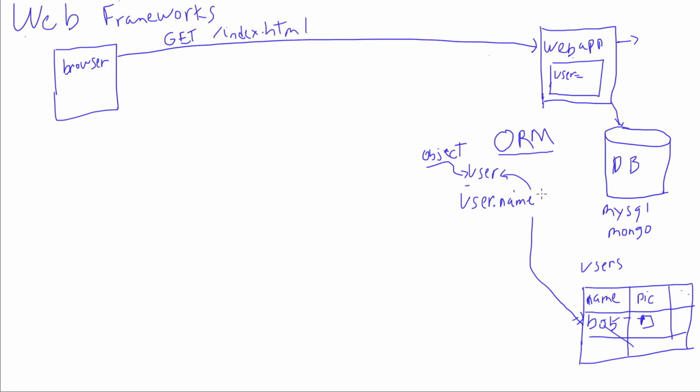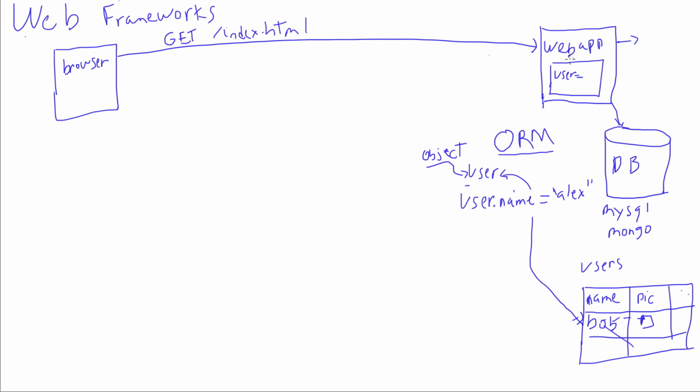If you want to change the user's name from Bob to Alex, you can just write that line of code, or something similar to that, and the ORM code would just save that to the database, like I said, automatically. Or maybe you have to do user.save afterwards or something. But that's the idea. The idea of the ORM code is that you never have to write SQL code.